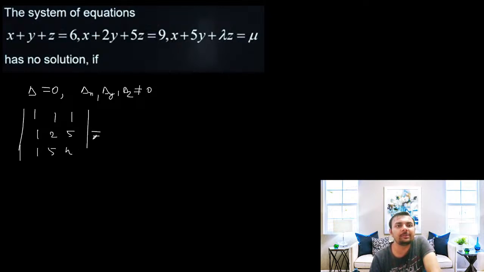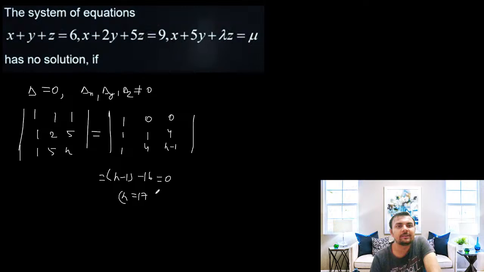We should solve it. So we will go with some operations: 0 1 4, 0 4 lambda minus 1. We'll open with this row. It is nothing but lambda minus 1 minus 16. So it should be equal to 0. So lambda equal to 17.